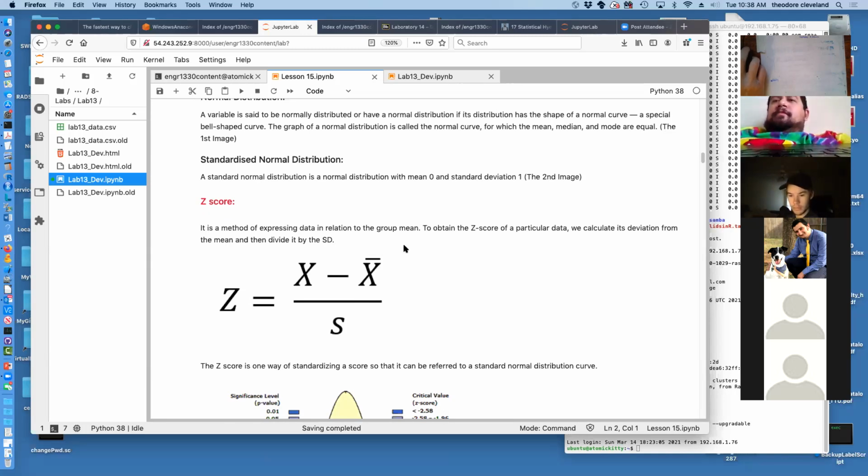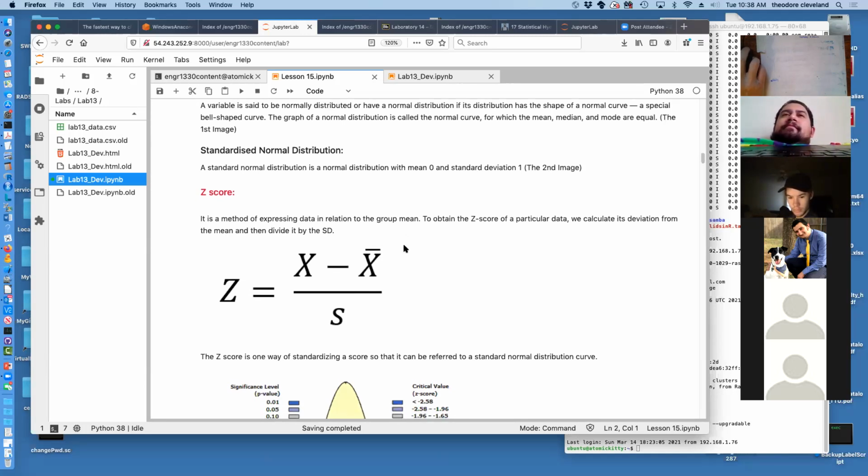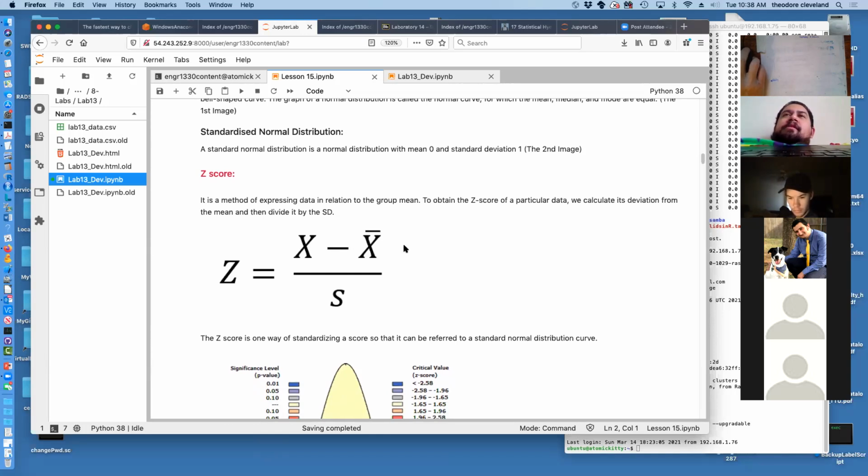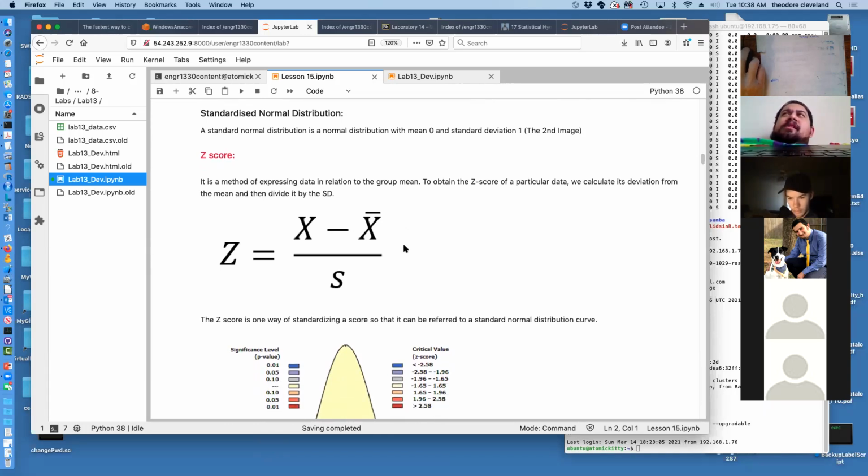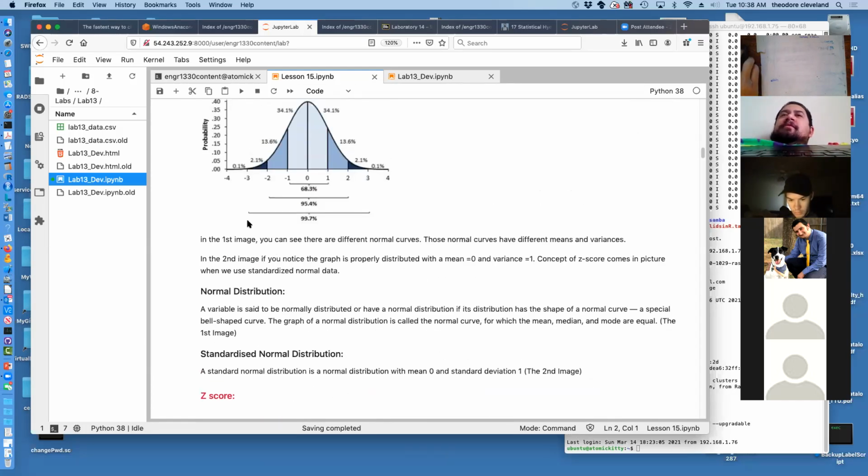And in the case of a normal distribution, the mean, the median, and the mode are equal. And then I was using standardized normal distribution. By definition, this is a convention: a standardized normal distribution is a normal distribution that has mean of 0 and standard deviation of 1. So our second picture.